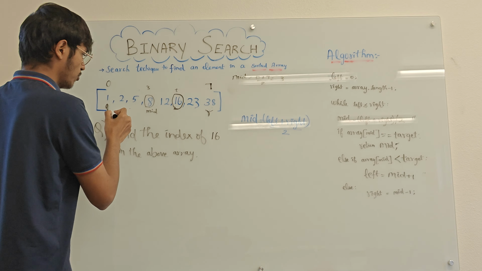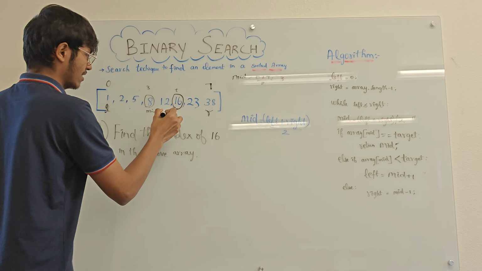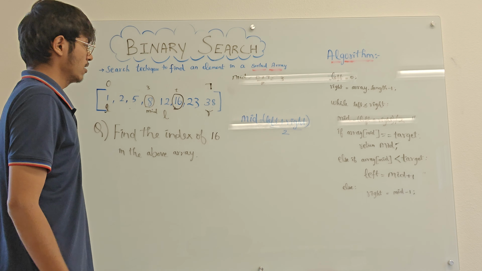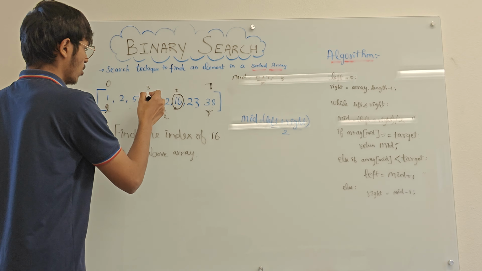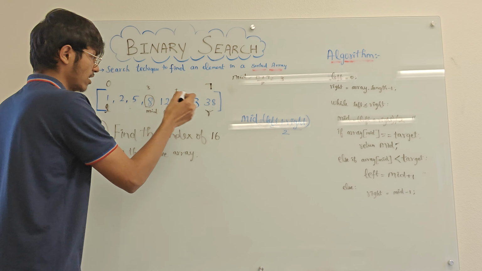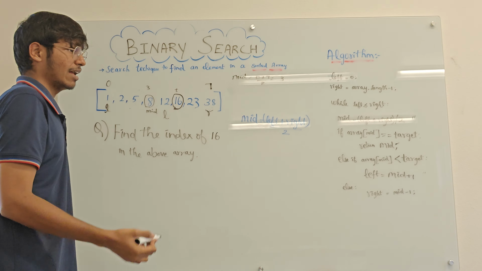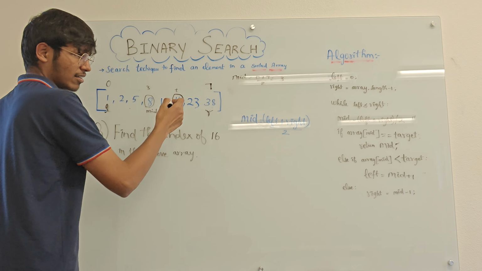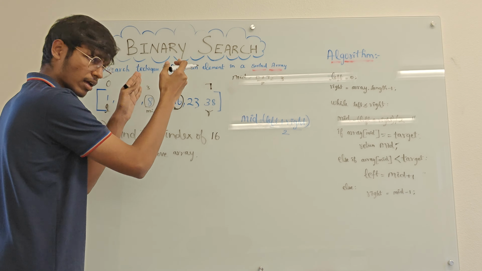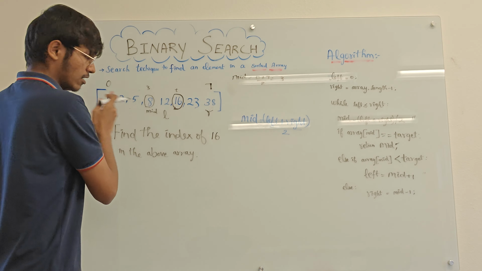So we move the left pointer to the next element after the mid index. We do this because we know that all the elements before 8 are going to be less than 8, and after 8 are going to be greater than 8. Since we know that the target is greater than 8, it is going to be in the right half of the array, so we discard the whole left half.